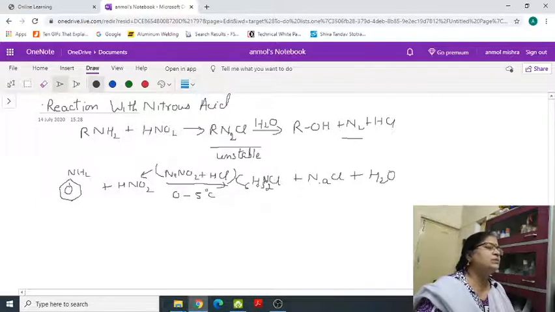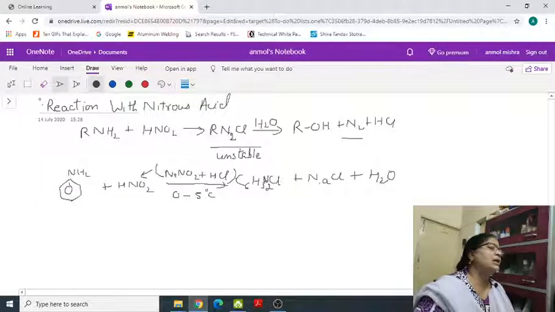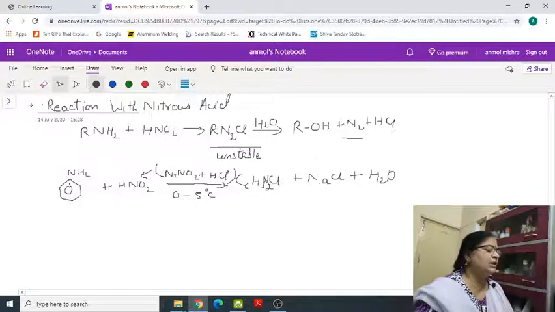So basically we cannot use this reaction to distinguish between the primary, secondary, tertiary amine, because no color distinction can be shown by this reaction.